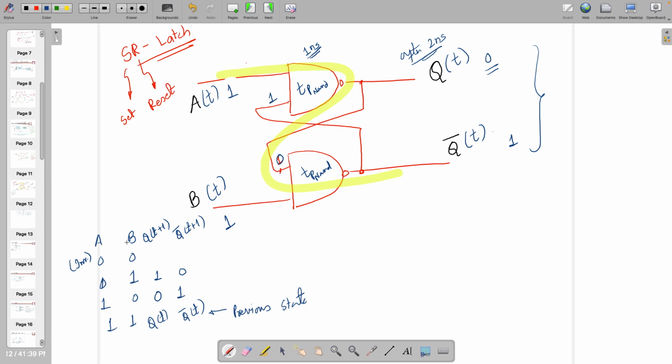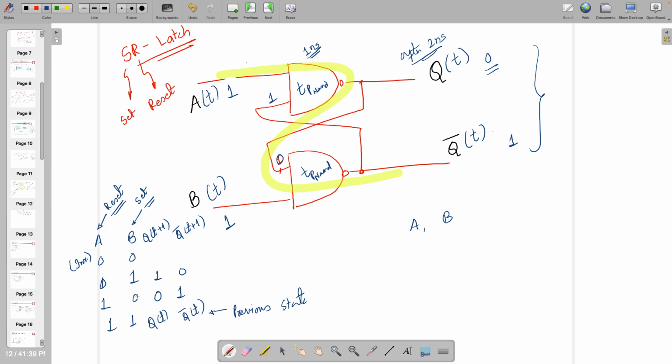Here in this case with A and B, by observing this table we can say that B is the one which sets and A is the one which resets the output. So whenever I want to set it, I keep B equal to 1 and A equal to 0. If I want to reset it, I make A equal to 1 and B equal to 0.